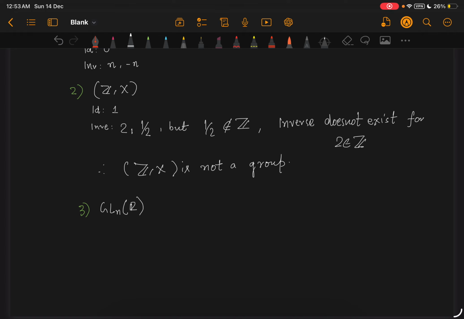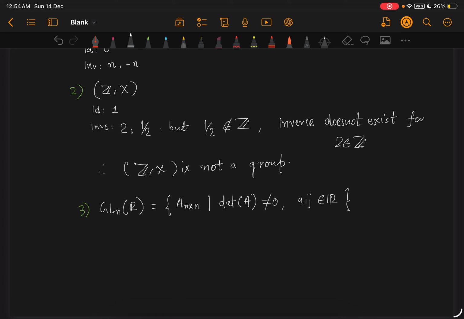What is this? Basically, all matrices of n cross n order such that the determinant of A is not equal to 0, that is, A is invertible, and the entries of A belong to the real numbers.